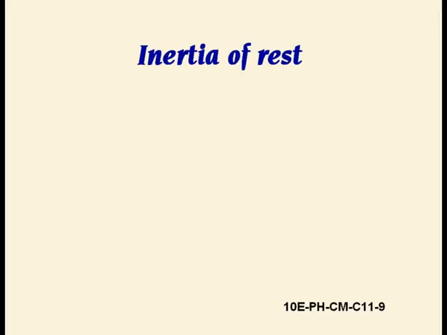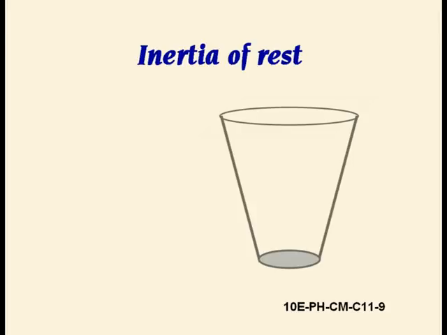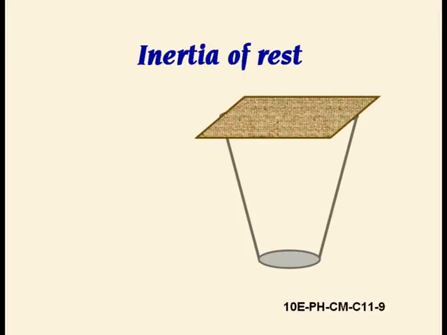Inertia of rest. Let us understand the concept of inertia of rest. Consider a glass. Place a cardboard on it. Now keep a coin on the cardboard. Observe that the glass, cardboard, and the coin are at rest.